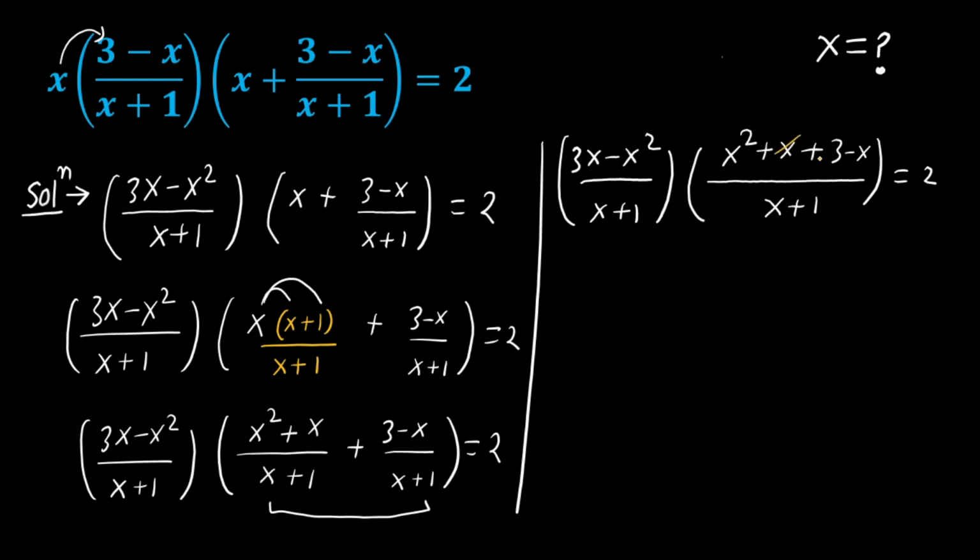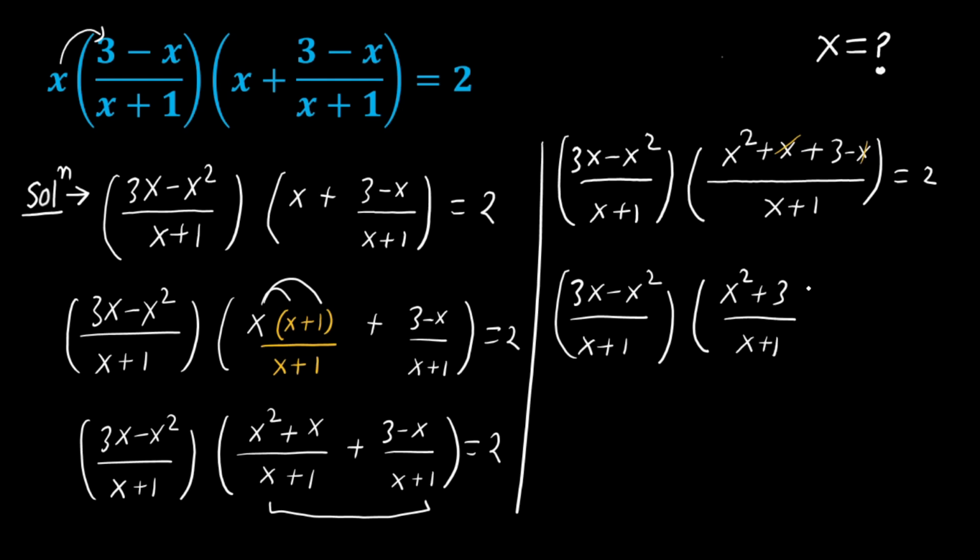This plus x and this minus x cancel out. Then on the left hand side (3x minus x square divided by x plus 1) is multiplied by (x square plus 3 divided by x plus 1), and this is equals to 2.